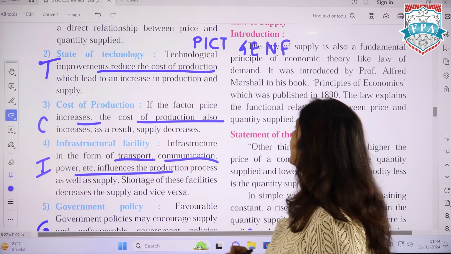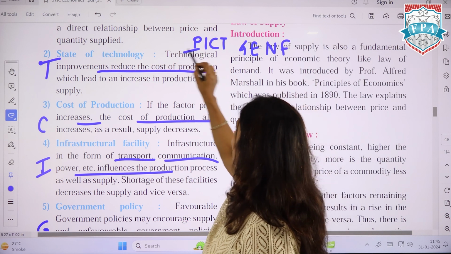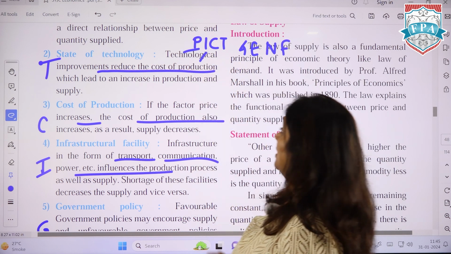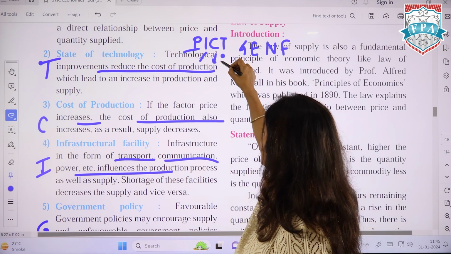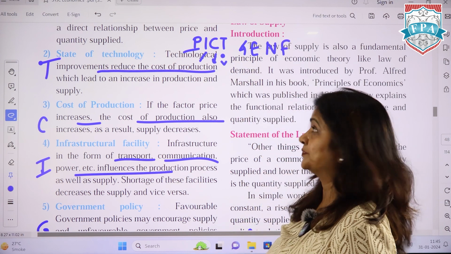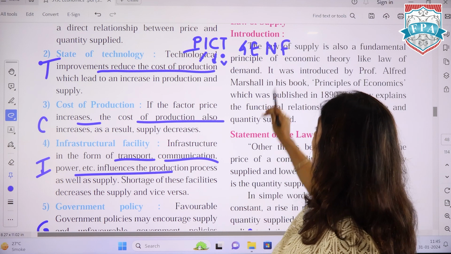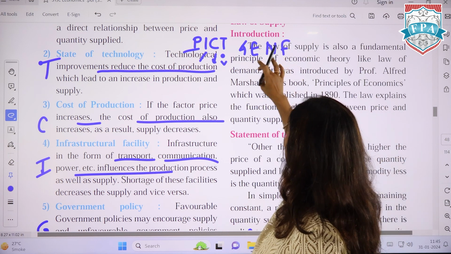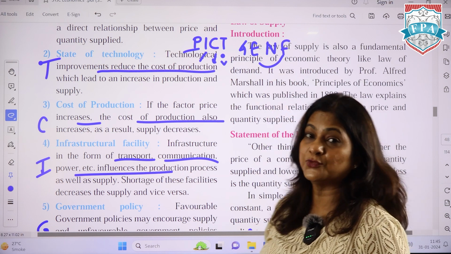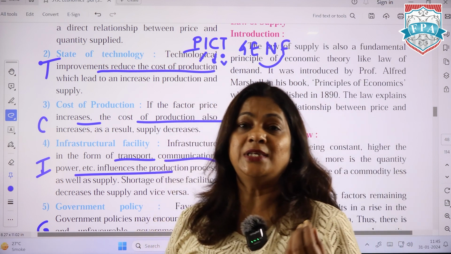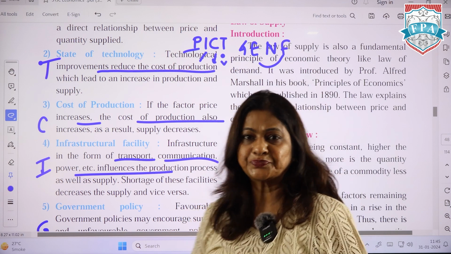So PICT, GENF, right? P is for price, I is for your infrastructure, C is for your cost, and T is for your technology. G is for government policy, E is for expected future expectations, and N is for your natural conditions or nature or climate, whatever.